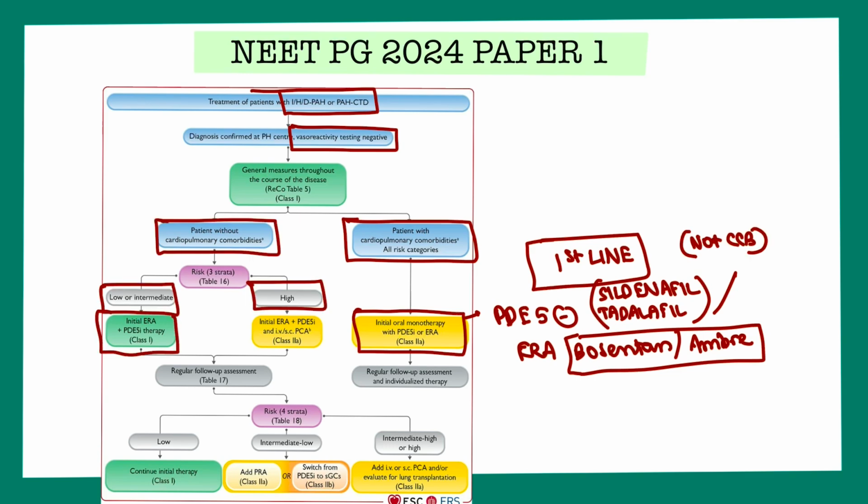Next, if the patient is with cardiopulmonary comorbidities, then the initial therapy should be a monotherapy with either PDE5 inhibitor like sildenafil, tadalafil, or endothelin receptor antagonist like bosentan or ambrisentan. If it is without any cardiopulmonary comorbidities, then we will start with either PDE5 inhibitor, or if there is a high risk strata, then we'll go for endothelin receptor antagonist with PDE5 with prostacyclin agonist.